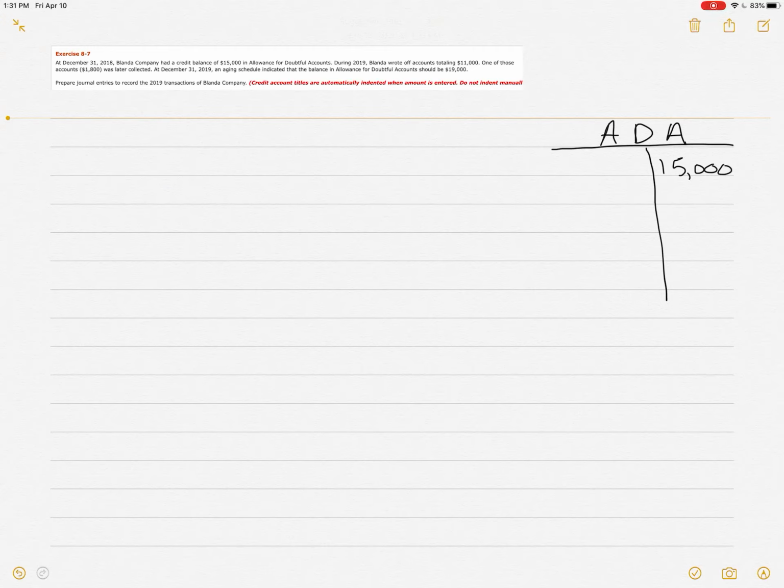Now remember, when we write off accounts, this is that first journal entry that they want. When we're using the allowance account, we're going to debit that allowance for doubtful accounts, and we're going to credit that account receivable.